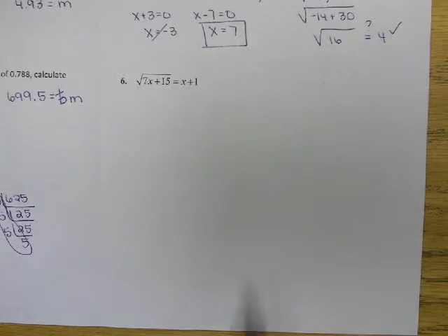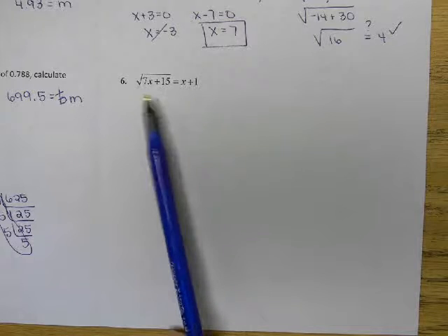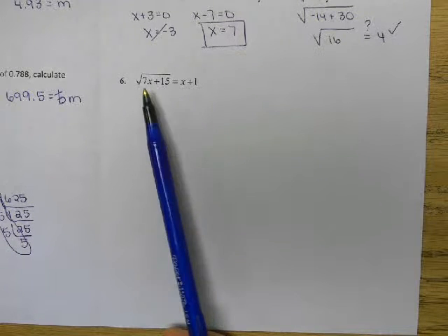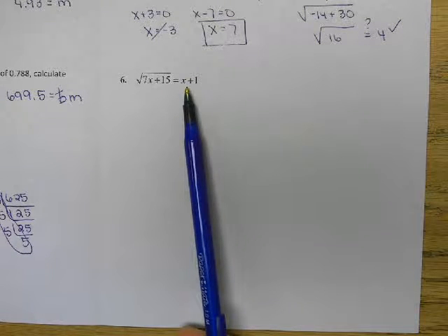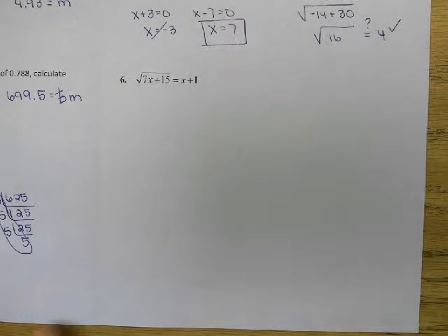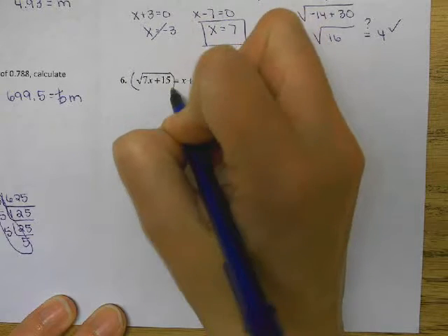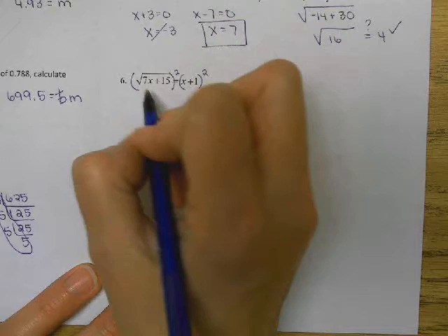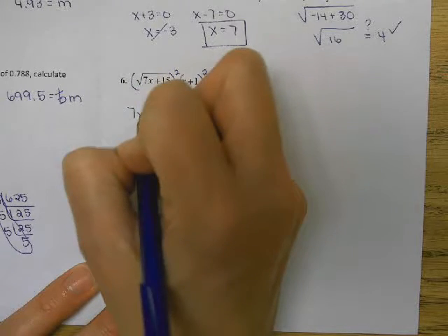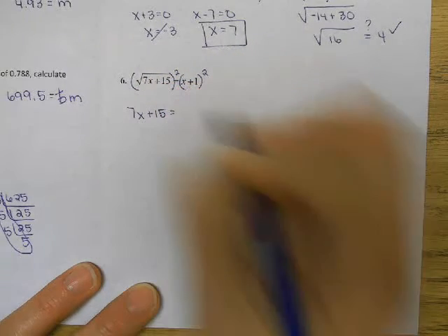Alright, let's try it again on number 6. So again, I have my radical by itself on one side, and then I have the x plus 1 on the other side. There's an x on the right-hand side, so when I square this, it's possible that I'm creating an extra answer. So when I square the left-hand side, I just get 7x plus 15.